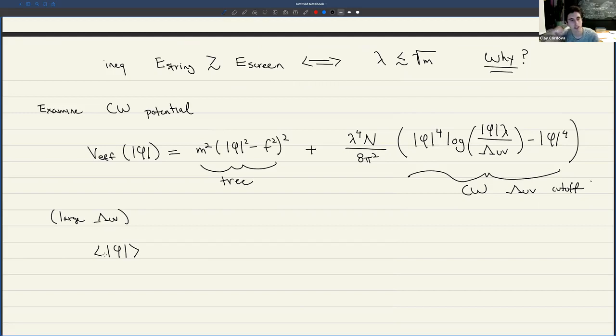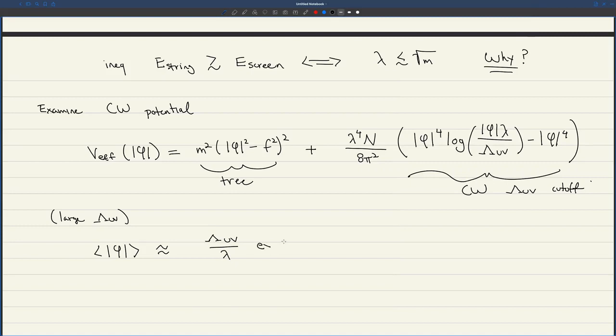So I'm doing the standard thing. I'm just adding up the zero-point energies for the modes as a function of the VEV of phi. And what you find is that the expectation value, the true place where phi wants to sit, can be written like this.